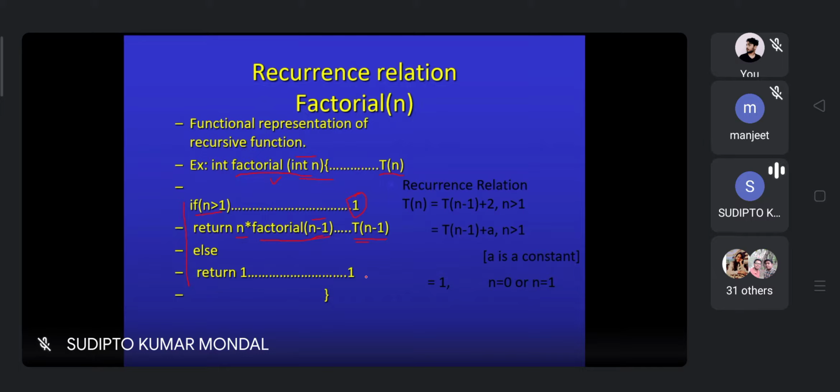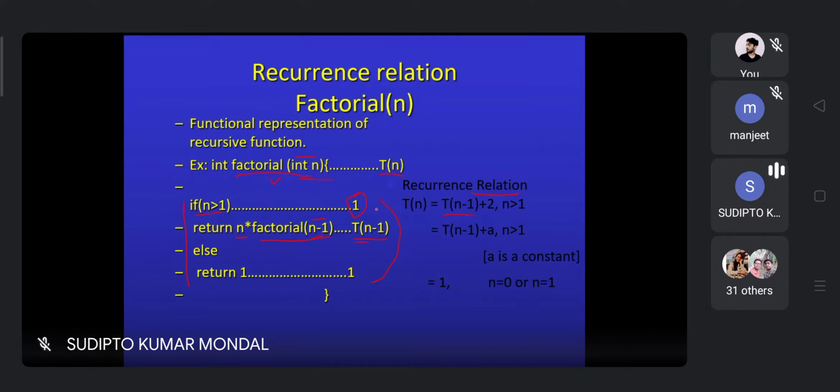So all these execution times, that means how many times I will execute each and every line, we have specified here. Now the recurrence relation says that if I combine all these numbers of executions that we have identified, that is basically T of n, which comprises all these portions of execution. So T of n is T of n minus 1 plus 2.